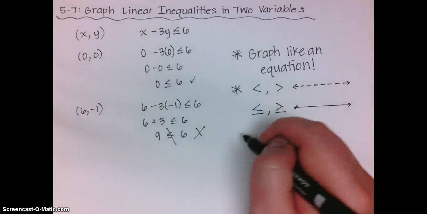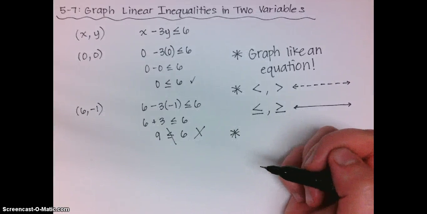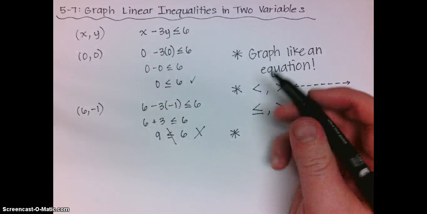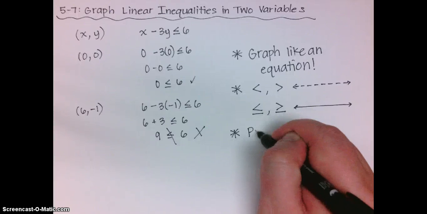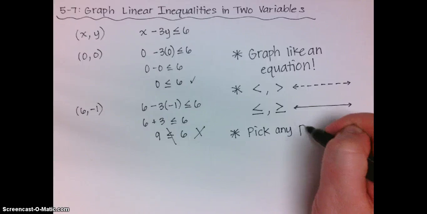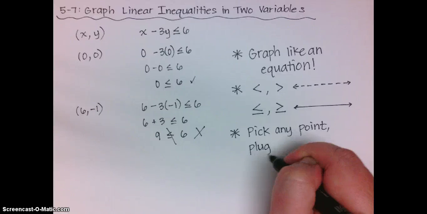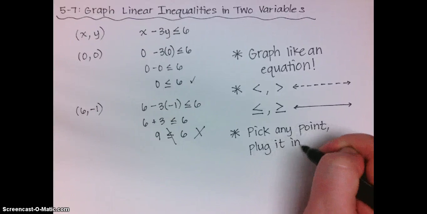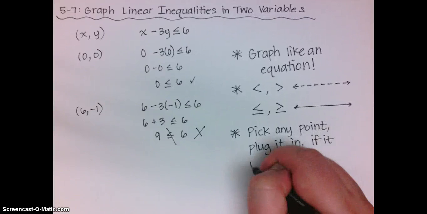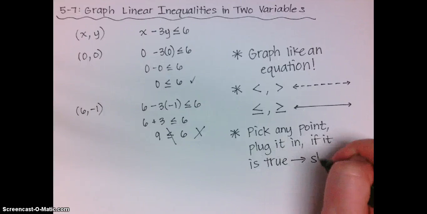And then the third thing that we're going to do, because I said that there are hundreds of thousands of different solutions for any inequality that you're given, is that you're going to pick a test point. So pick any point, plug it in, and if it's true, then you will shade that area.